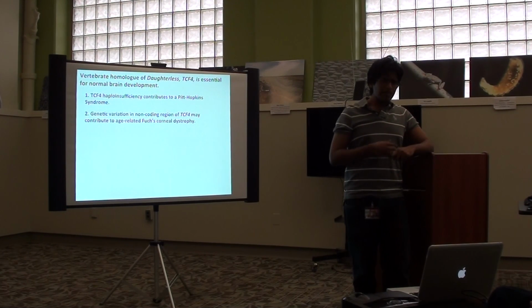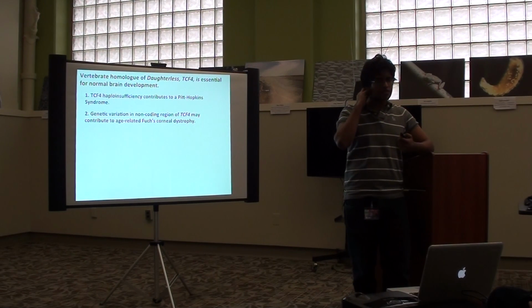It's also involved in an age-related corneal dystrophy called Fuchs corneal dystrophy, where the cells in your cornea start deteriorating with age. And what they found was that there are genetic variations in the coding and non-coding regions of TCF4 that lead to this as well. So there's some correlation to it being important in post-embryonic development.